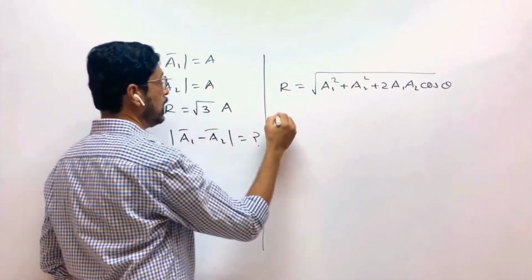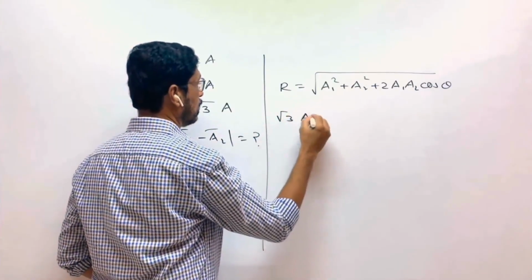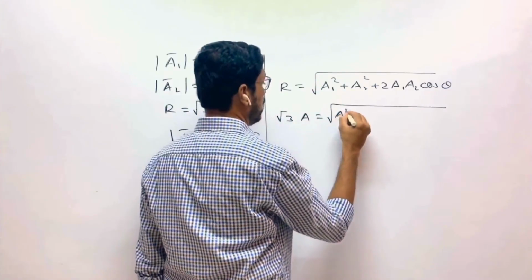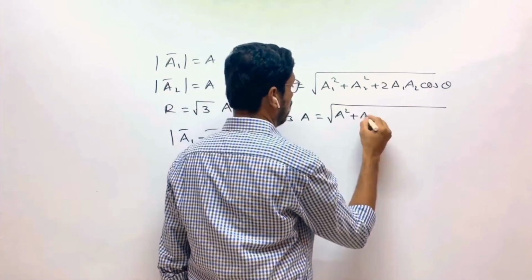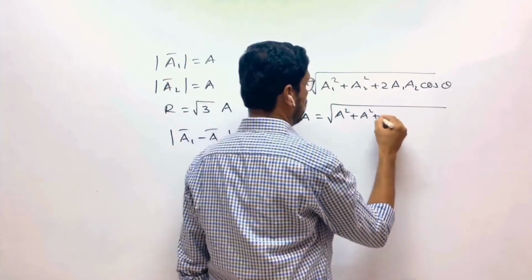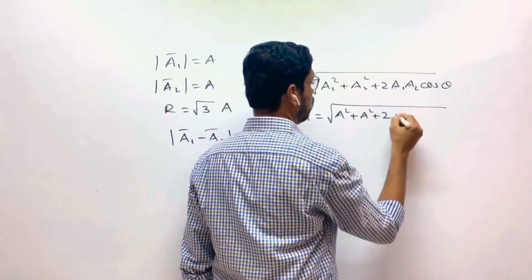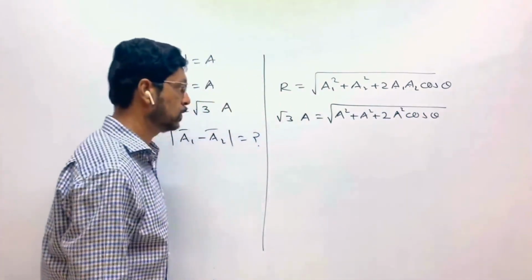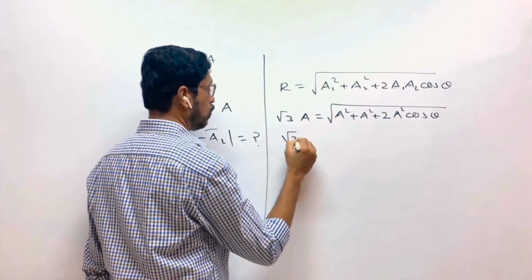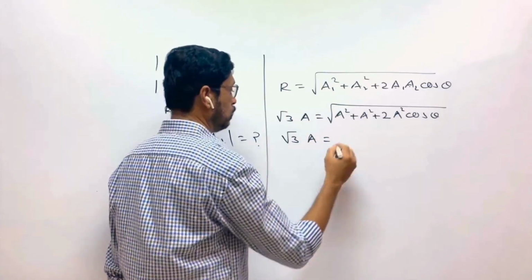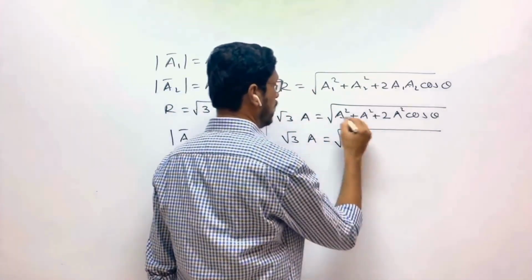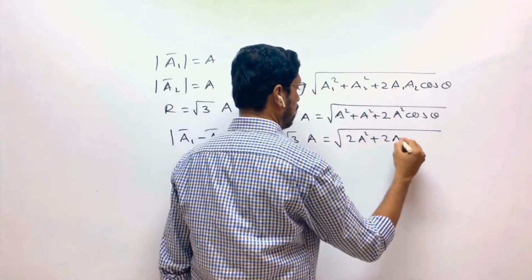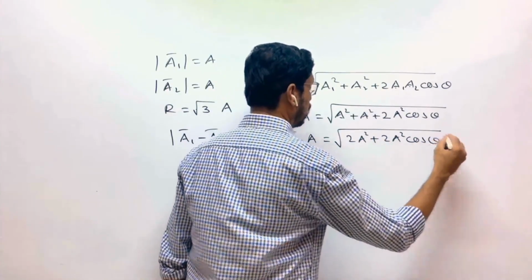R is root 3A, is equal to under root A square plus A square plus 2A into A square cos theta.